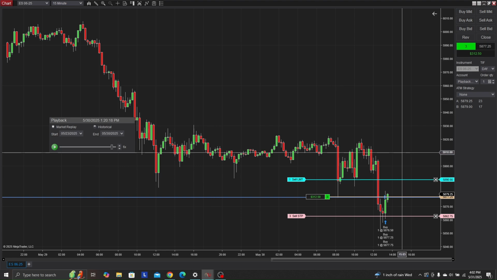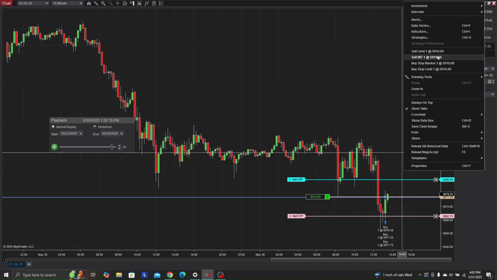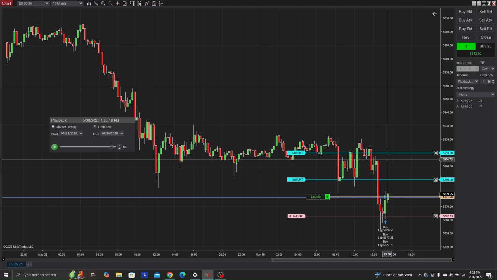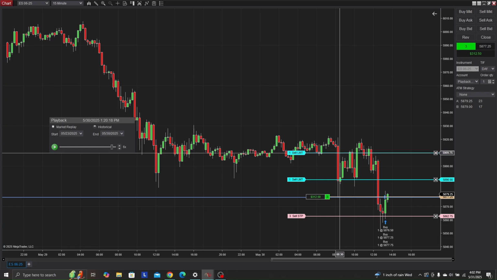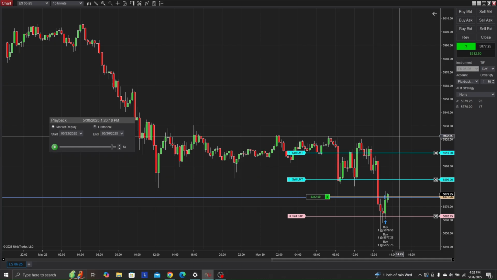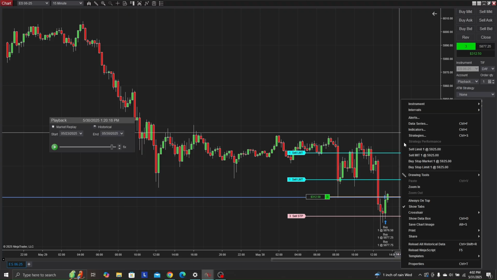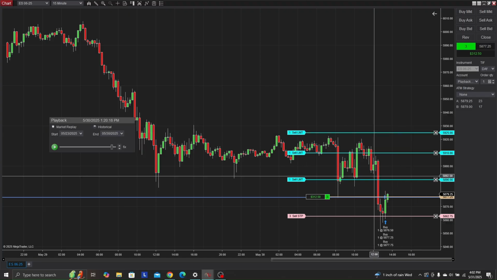And then he said 59.10. So I'm going to sell another one there. Again, that's right at the top of this range from this breakdown here at 8.15, the 8.15 candle. And 59.25. Well, that's right at the top of the range. So pretty logical levels here, right?